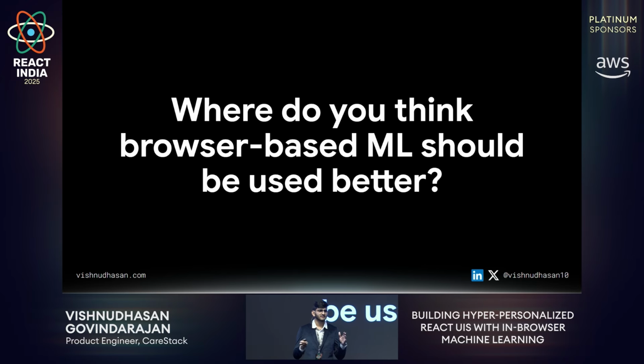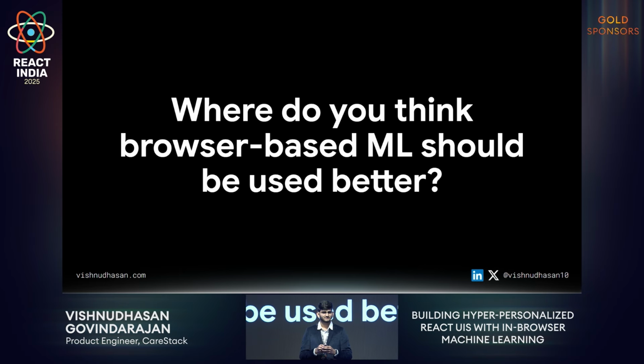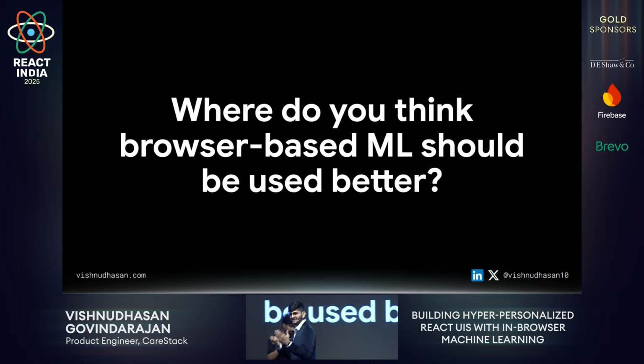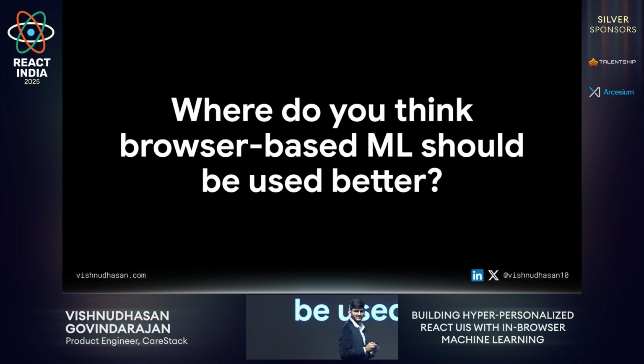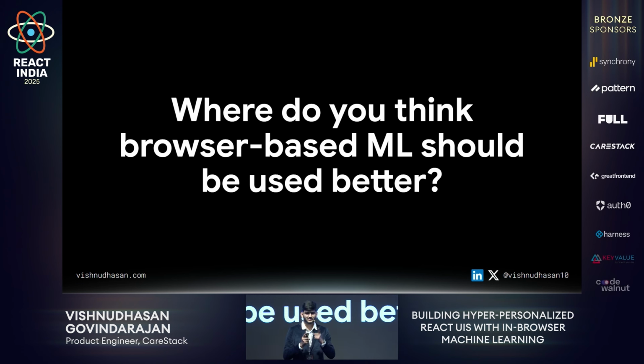Where do you think this in-browser machine learning can be leveraged better? Any creativity? E-commerce. Yeah, we can do that. That's a good thing. Anything else? Translation. Yeah, translation, it works.